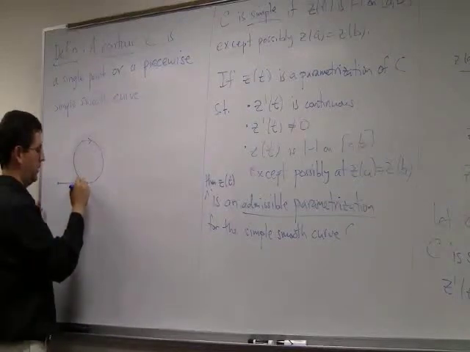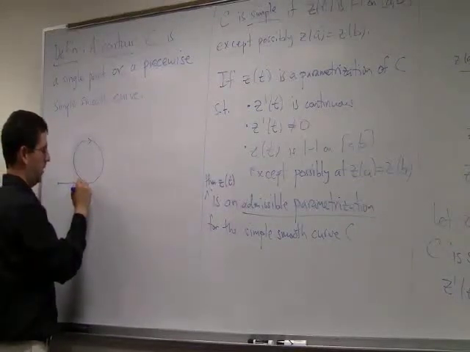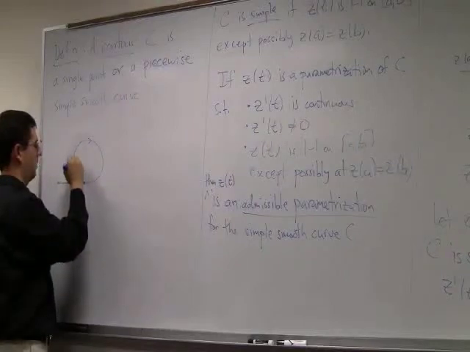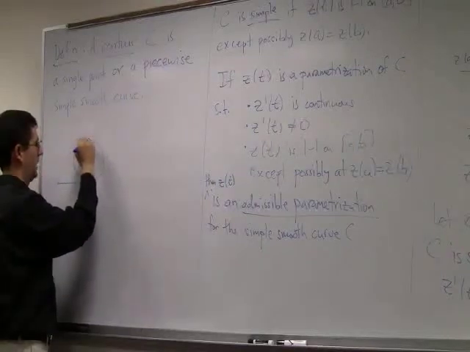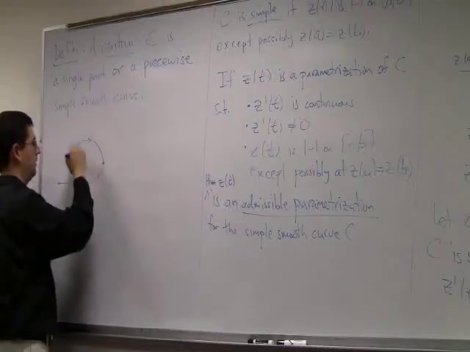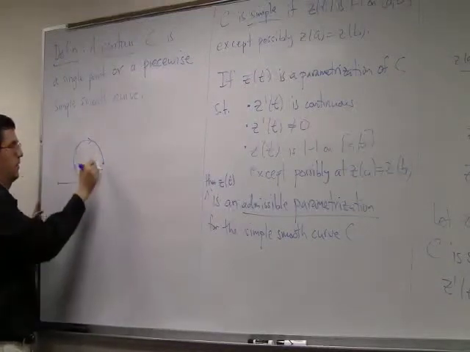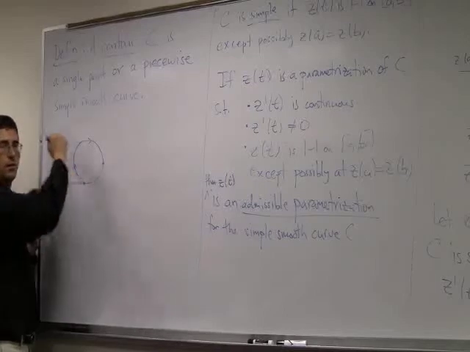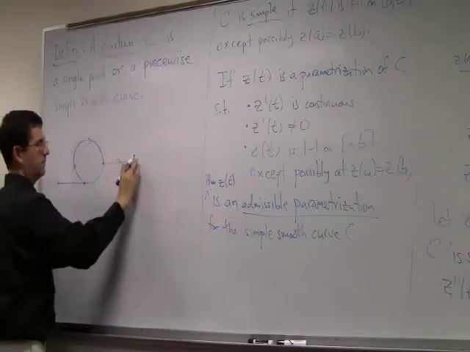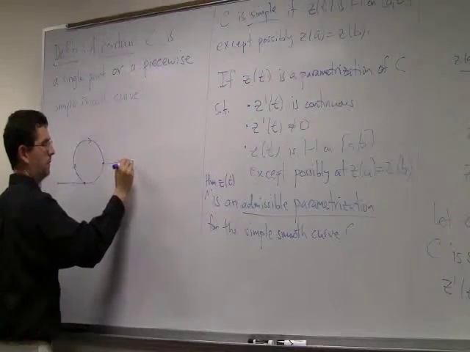And once we get down to the origin, then I go around again, to say right there. So I go 3/4 of the way around. So I go around once, and I do another 3/4, and then I come out and go out like that, and I'll end right there.